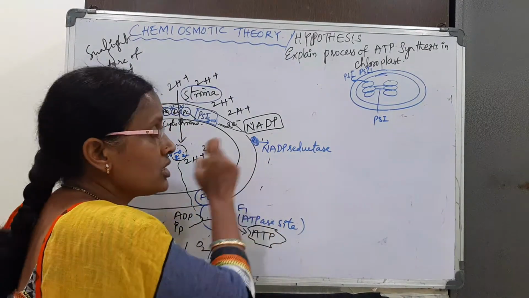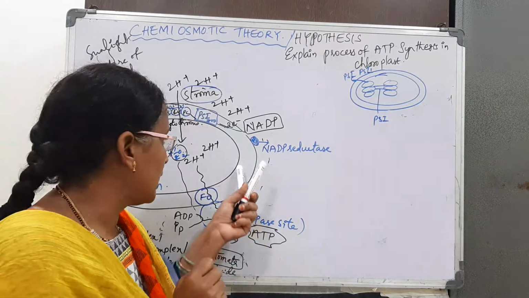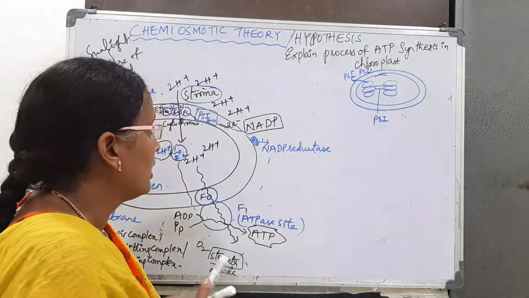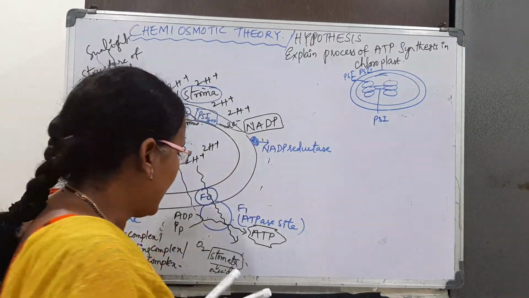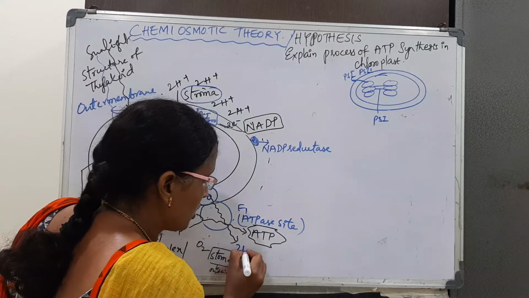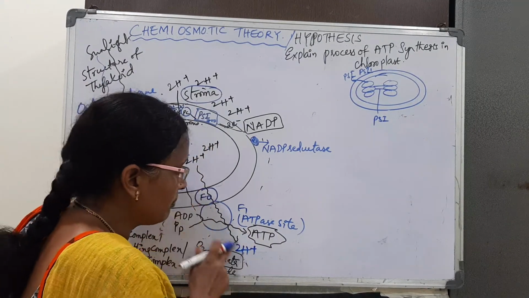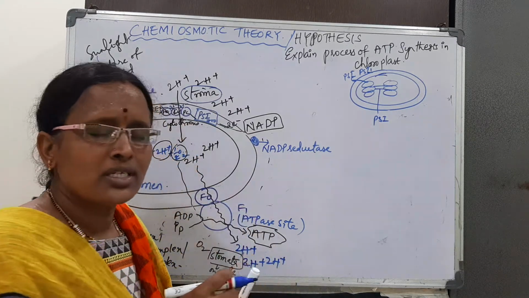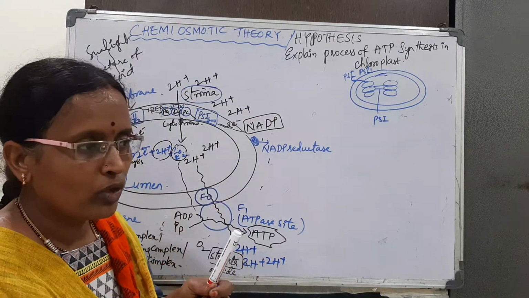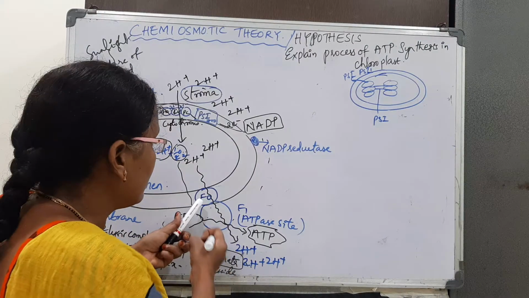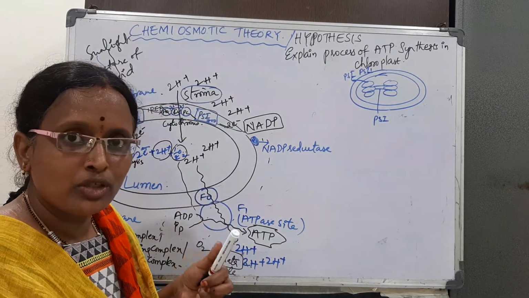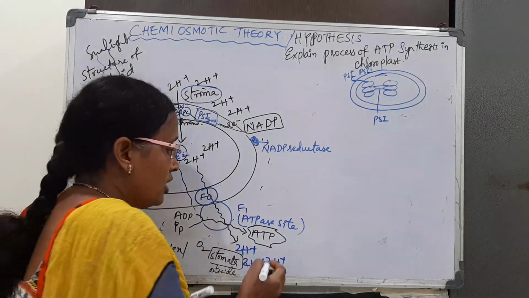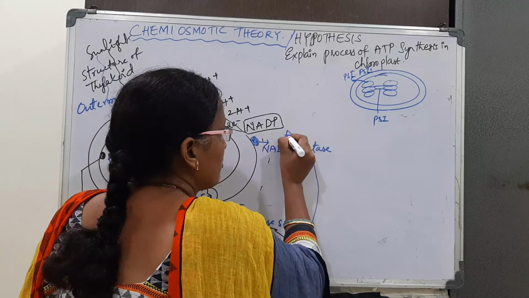Outside, on the outer layer of the thylakoid membrane, what enzyme is present? NADP reductase enzyme is present. It accepts the electrons and takes the protons from the stroma. It is a continuous process: on one side cytochrome pumps protons into the lumen, and on the other side these particles pump them into the stroma, and while pumping they release ATP.